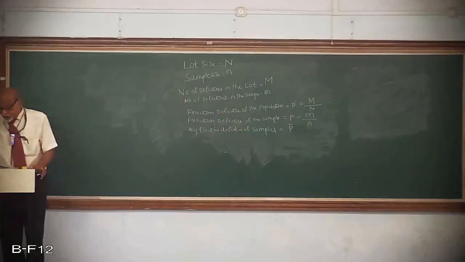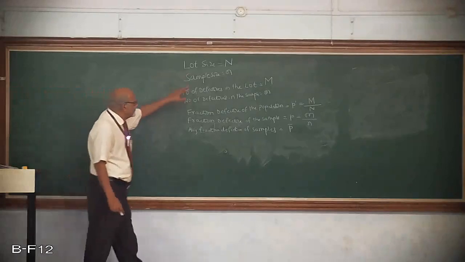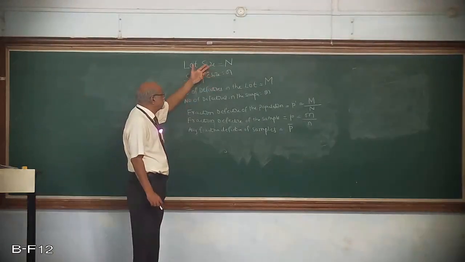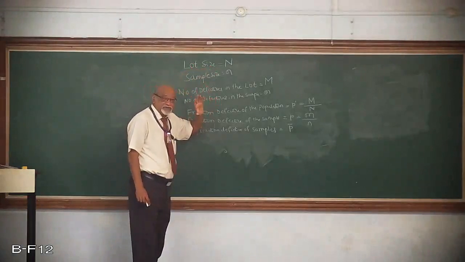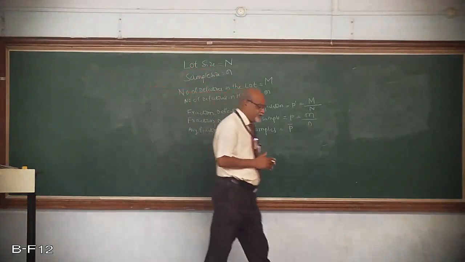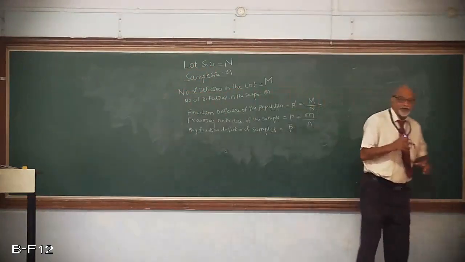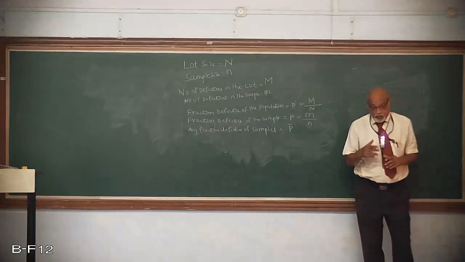Now, the next important thing is, I take a sample of small n out of a lot size of capital N. Then I will try to find out how many defectives are there. Then I need to have certain criteria. If it contains more than these numbers of defectives, I will reject it.